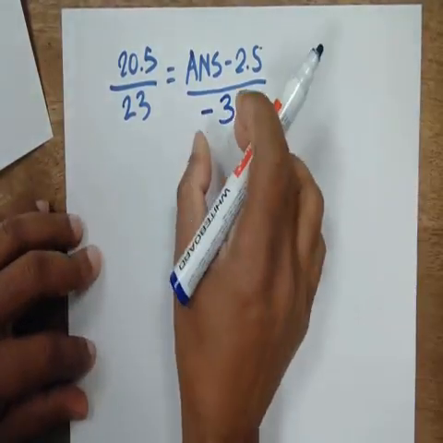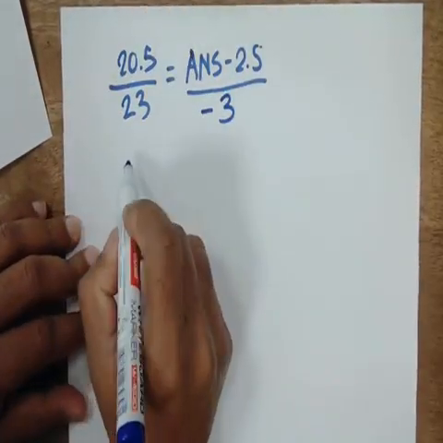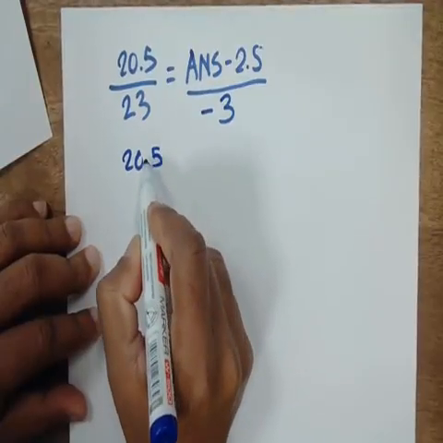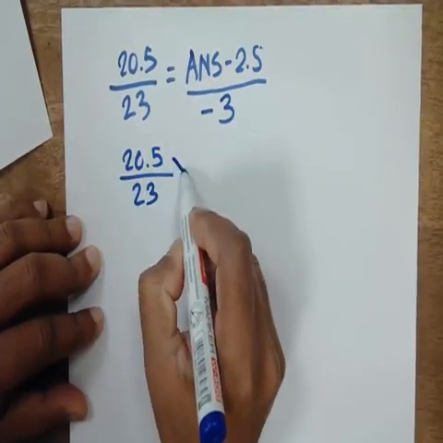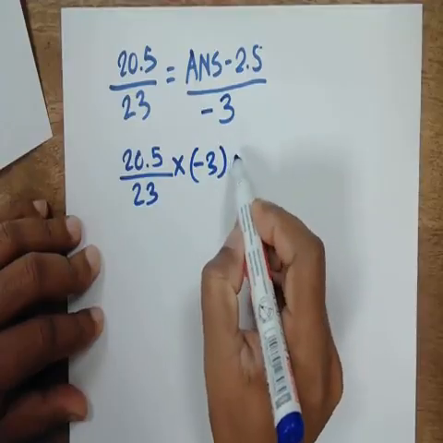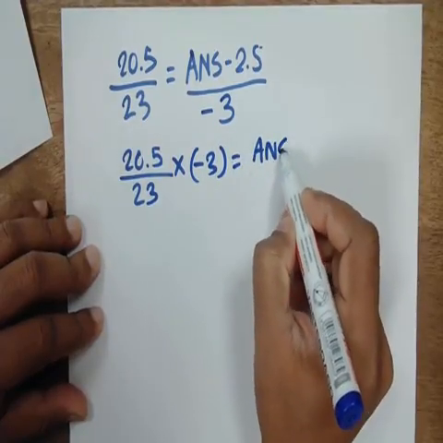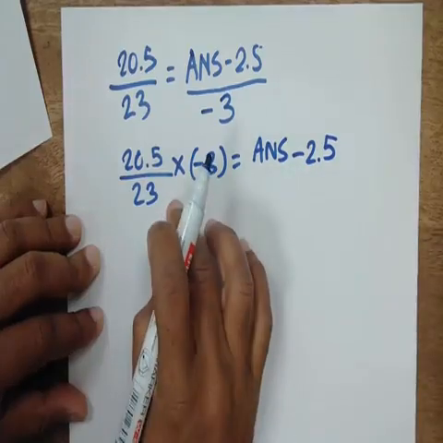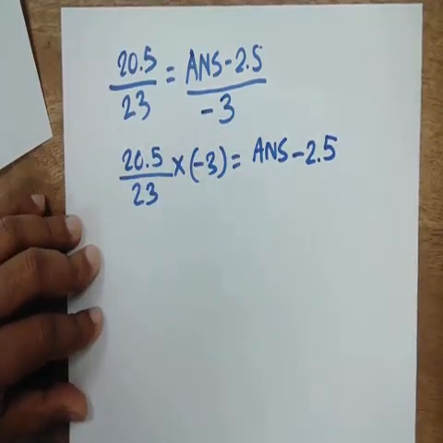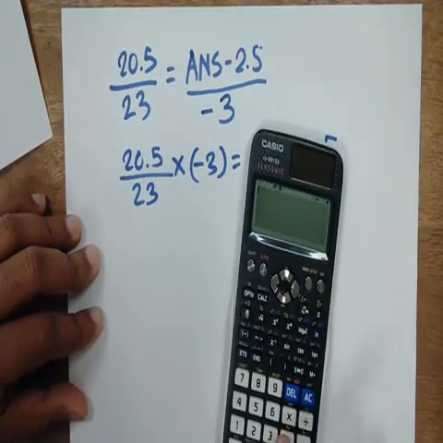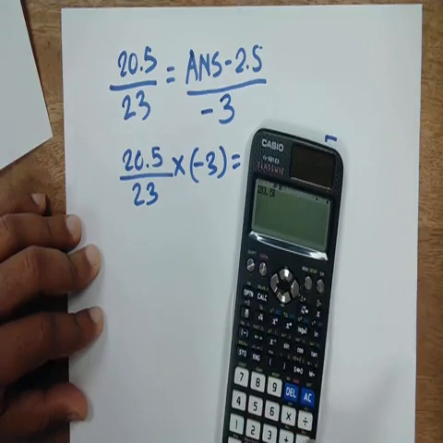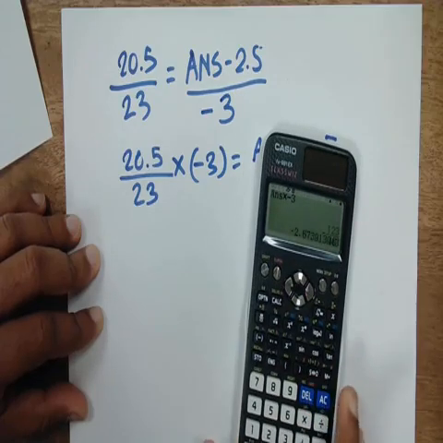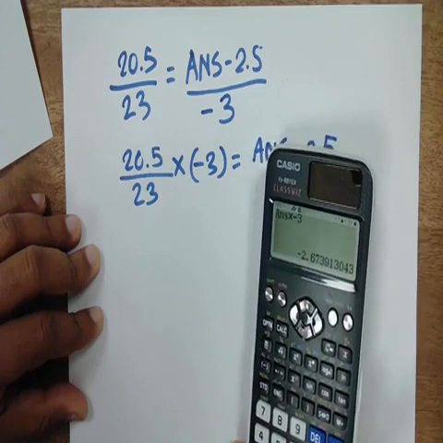You can see when you take minus 3 into this side, it is going to be 20 decimal 5 divided by 23 into minus 3 equals to answer minus 2.5. So let's calculate this one. That is going to be 20 decimal 5 divided by 23 into minus 3 is equals to minus 2.7.